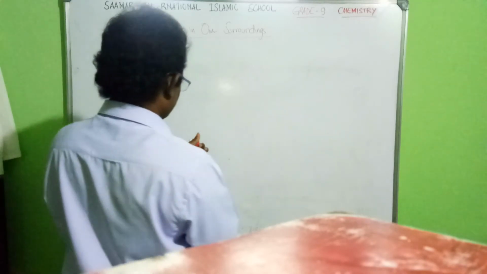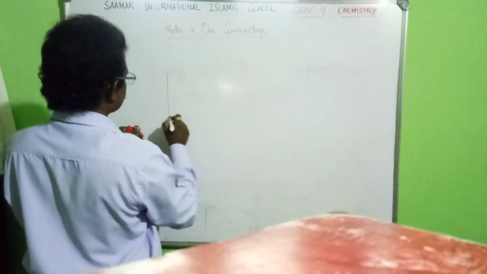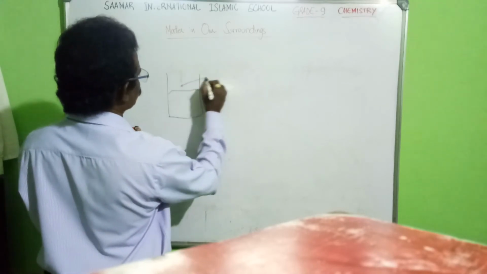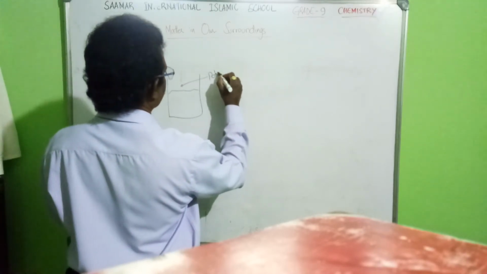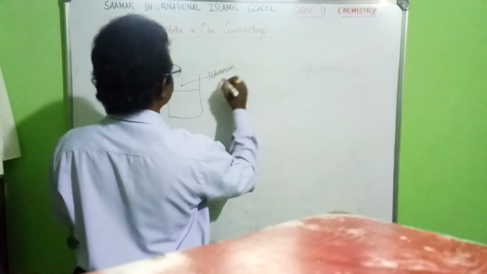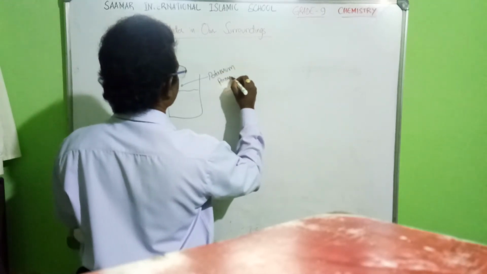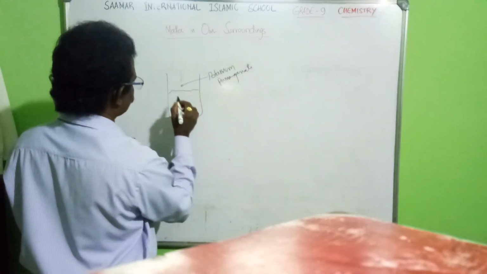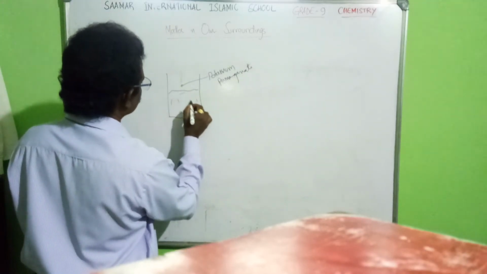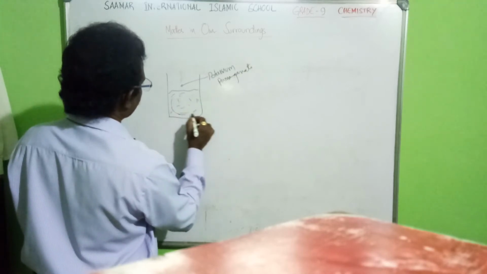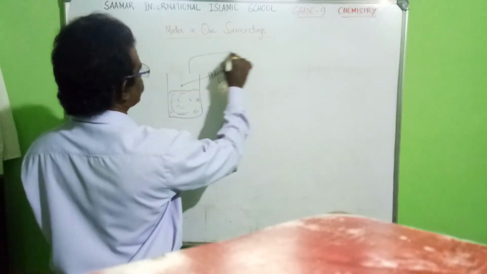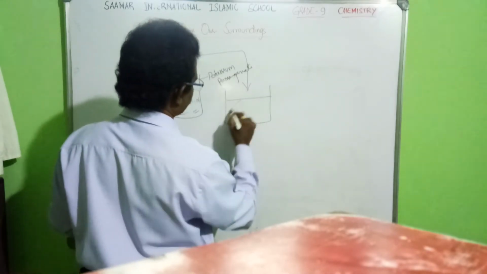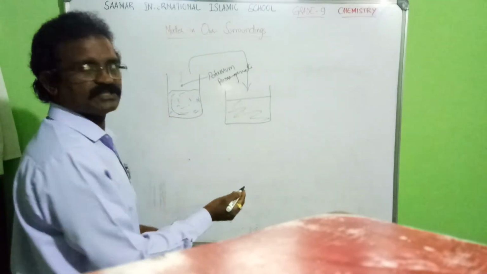For example, if I take a beaker containing water and add one crystal of potassium permanganate, the whole thing will change to pink. Now this again I will take 10 ml of that, add into one more beaker containing 100 ml water, and then again you can see the color.